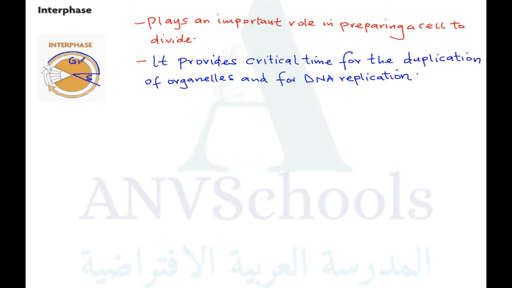This is the G1, then we have the G2. So it provides critical time for the cell to duplicate its organelles and for DNA to replicate. By the end of interphase, an individual cell has two full sets of DNA or chromosomes, and is large enough to divide.